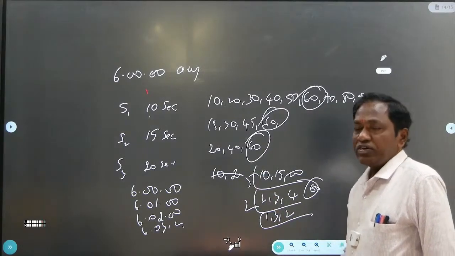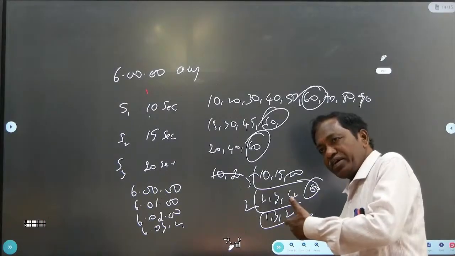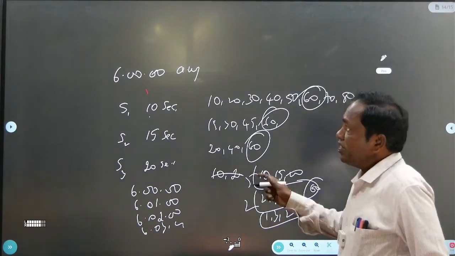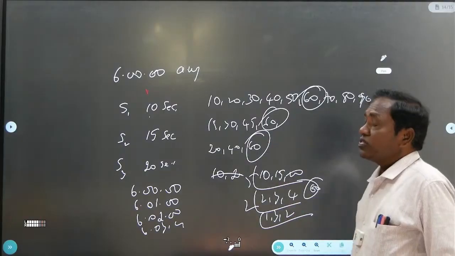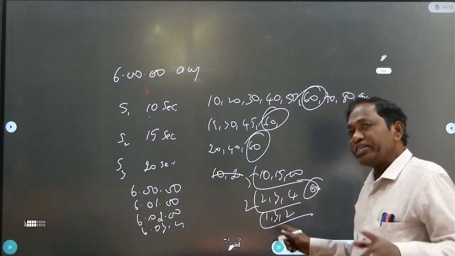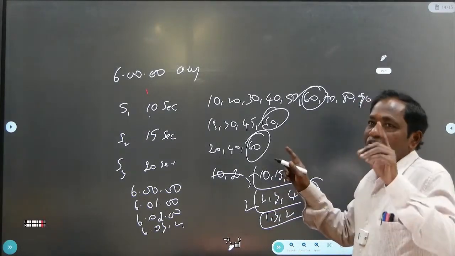The same question may come next time, but they put in extra information. If all the three signals start at 6 a.m., how many times will all the signals start together in 1 hour?